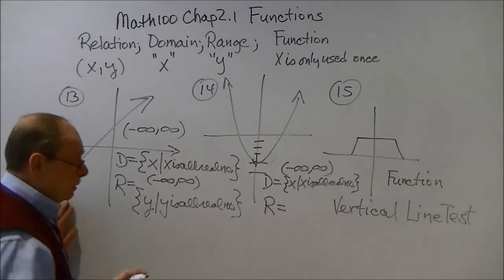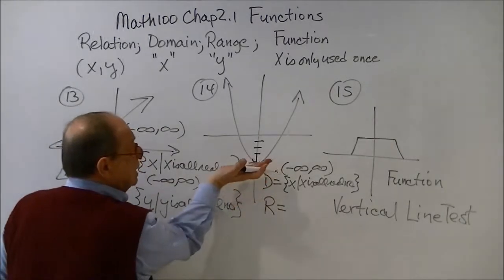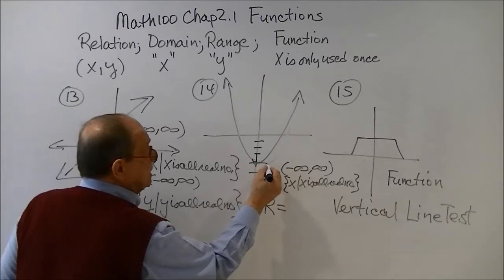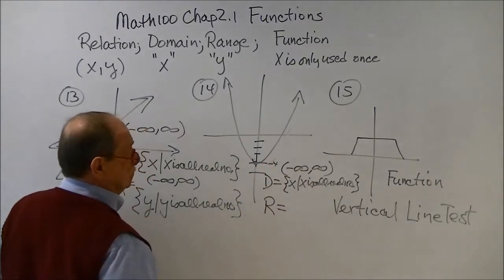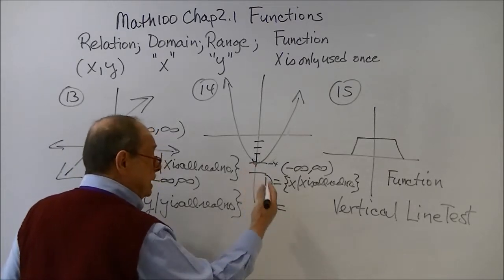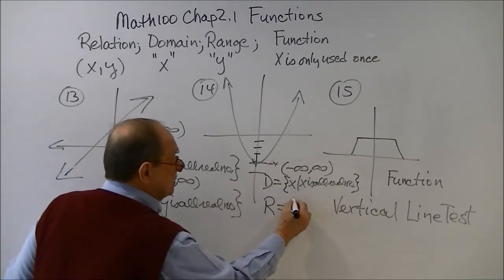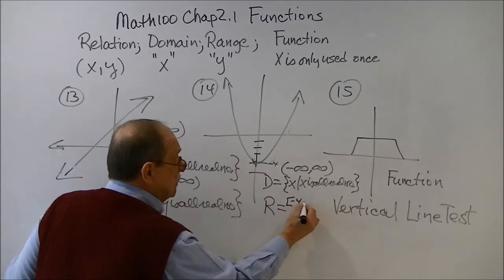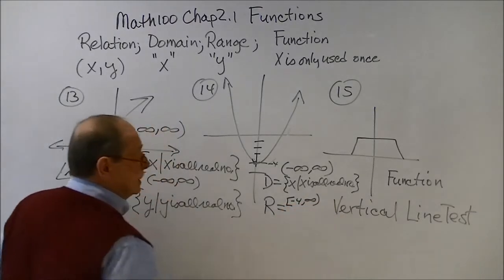But the range now is starting here at negative 4. So you would write it in interval notation as bracket, negative 4 going to positive infinity.